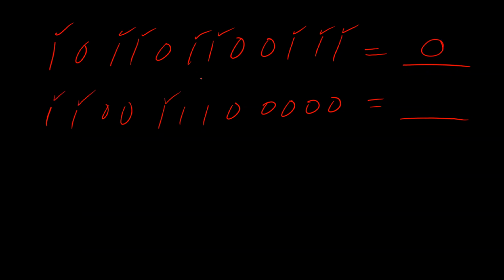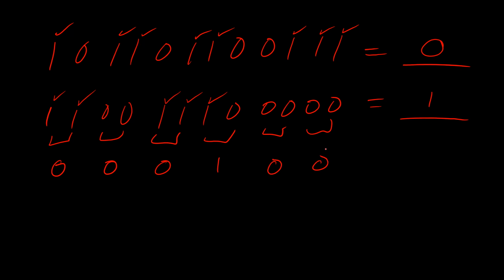1, 2, 3, 4, 5. Well, that's odd, so we'll give it 1. And just to show a bit of proof on this one, I can try it real quick. So 1 and 1, that's 0 since they're the same. 0 and 0, that's 0. 1 and 1, that's 0. 1, 0, that's 1. 0, 0, that's 0. 0, 0, that's 0.